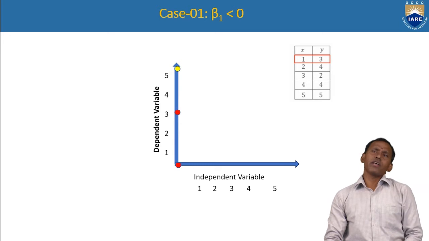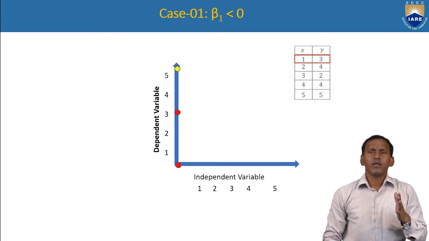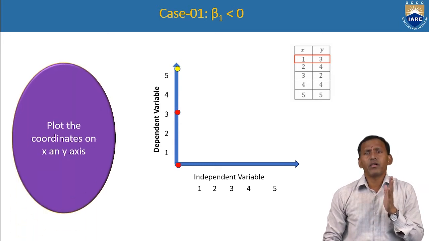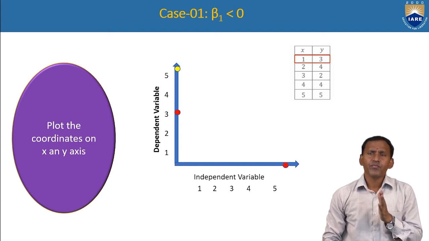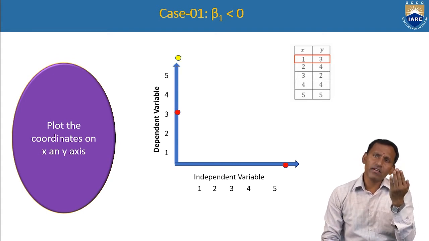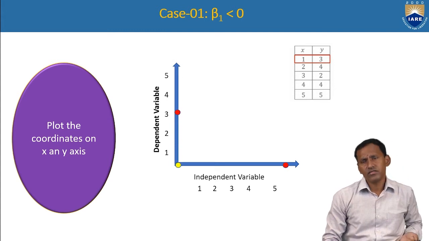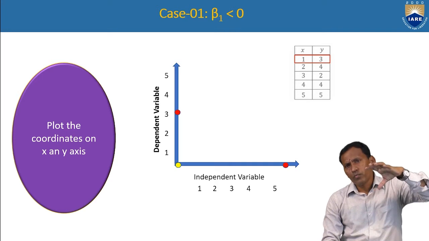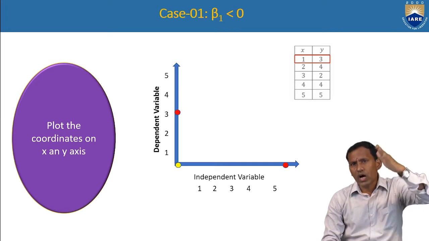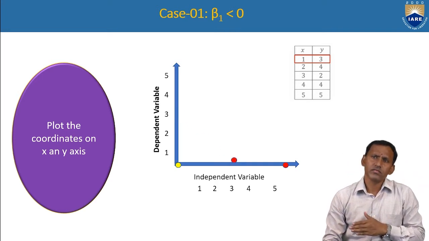Now as per case 1 here, whenever the independent variable increases, automatically the dependent variable will decrease, right? So in that way, the regression line will come down like this.